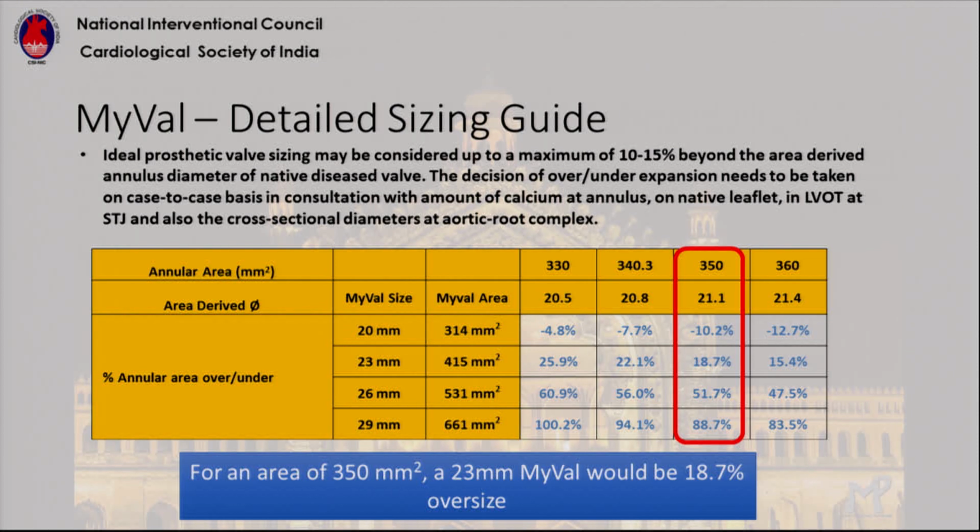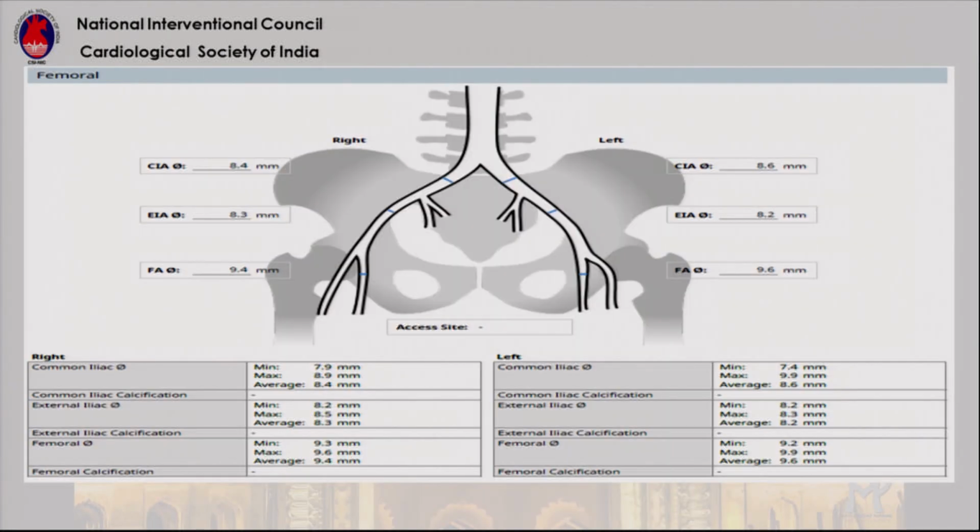If I use a 23 millimeter valve, it is about 18.7% higher. And if I use a smaller valve, then it will become under. So there's no way we can use a smaller valve. We usually try to keep it about 15%. So we'll show you how we'll do it. We'll probably underfill the balloon and then try to do it. That's what it is.